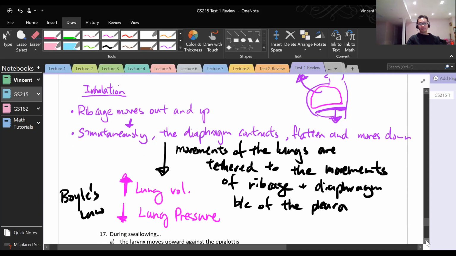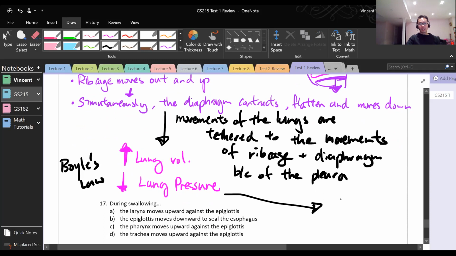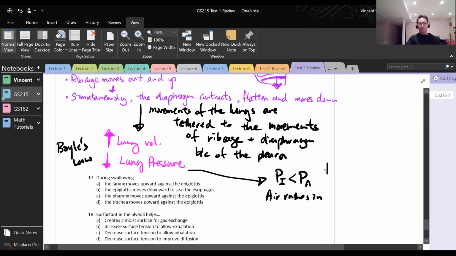And then finally, when PI, the pressure in the lung, is less than PA, right? Air rushes in. This is because of the pressure gradient. Okay.